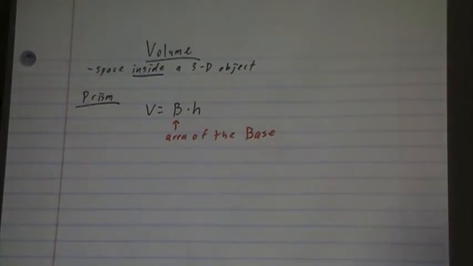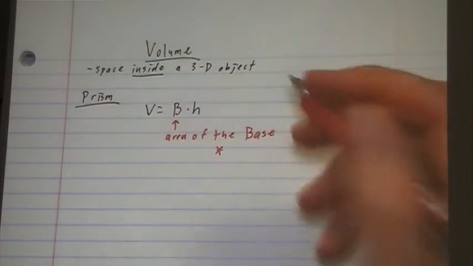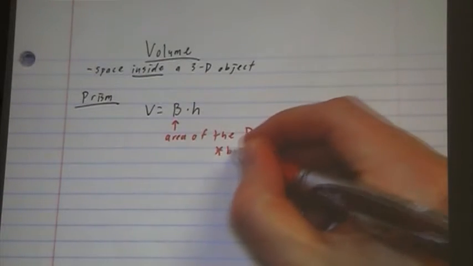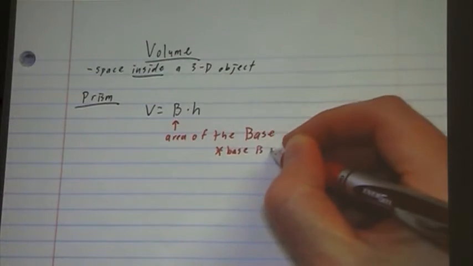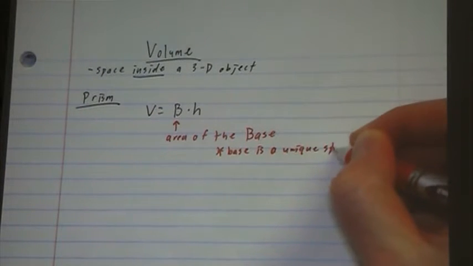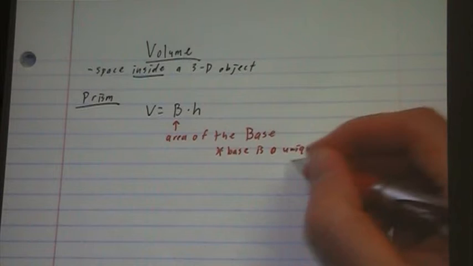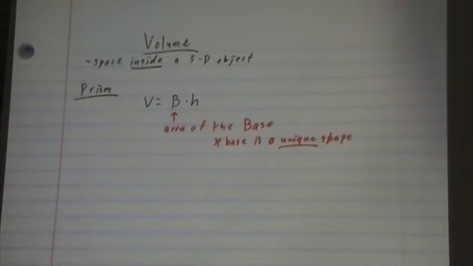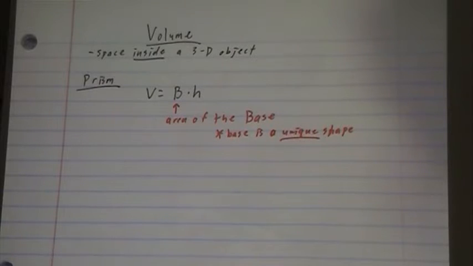And this is different because it's basically two problems in one here. The base is a unique shape, okay? Unique shapes such as a triangle, a trapezoid, a rectangle, a circle, okay?